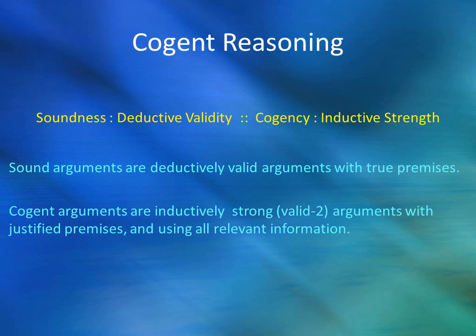It requires the deductive validity and then something about the premises, true premises. Cogent arguments are inductively strong, or in some of the texts, valid two arguments with justified premises, don't necessarily know that they're true, and using all the relevant information.